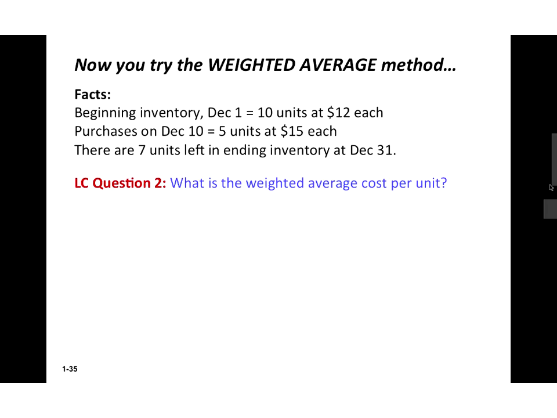You want to divide that by the number of units available for sale, which is the 10 plus the 5. So your weighted average cost per unit is your total cost of goods available for sale divided by the number of units available for sale.